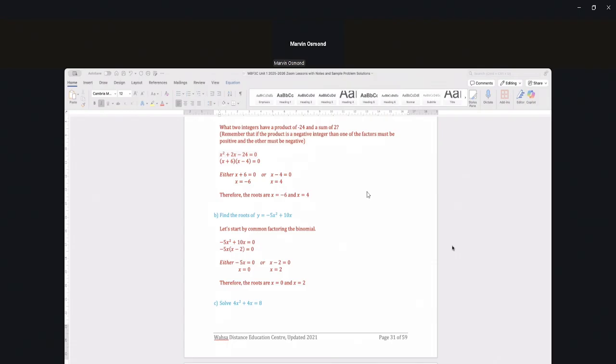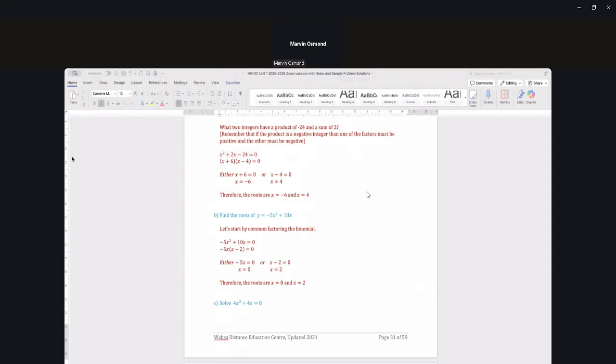Where does it cross the x-axis? Minus 5 comes out, 10 divided by that is x is 2. X is 0. X equals 2. Something is not working out here.